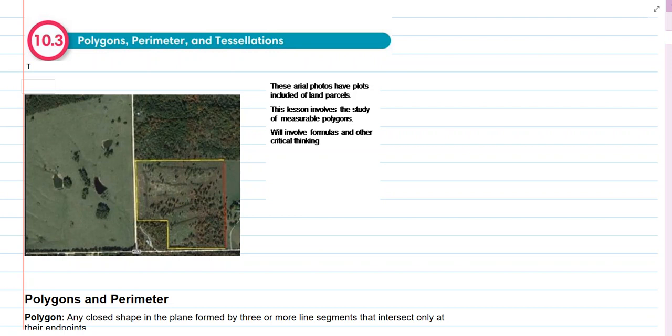I have a picture here of parcels of land, and what you can tell is the boundary lines in a rectangular format of what's available for sale. So these are polygons.